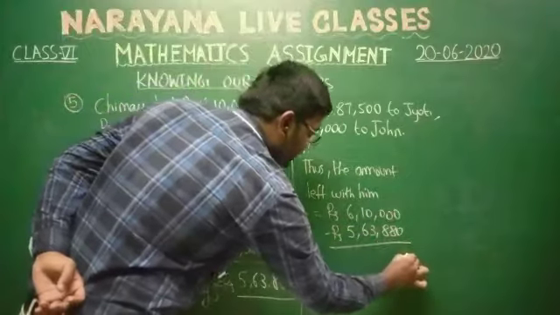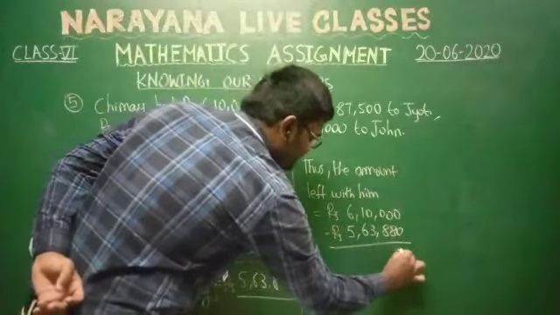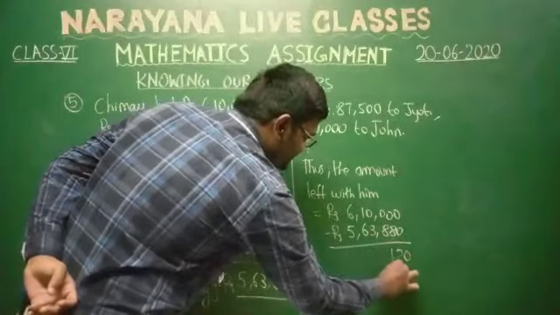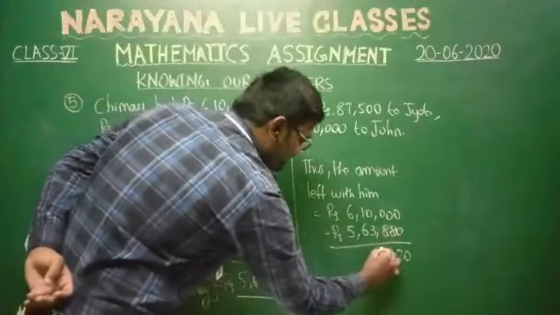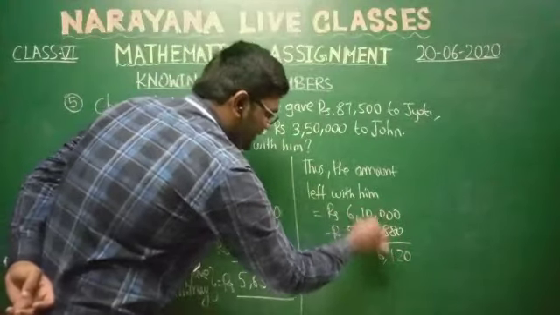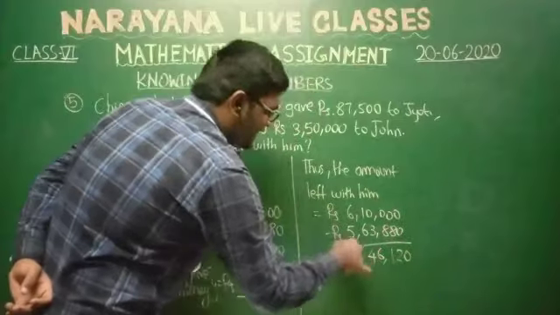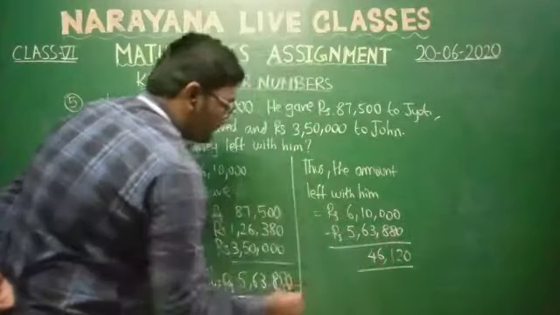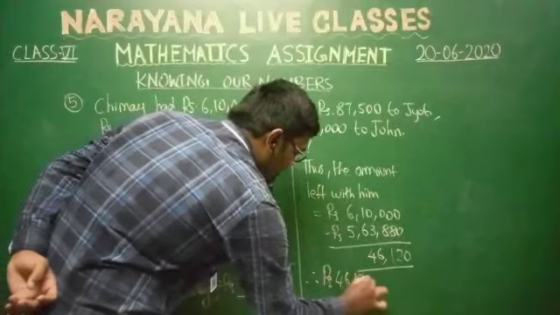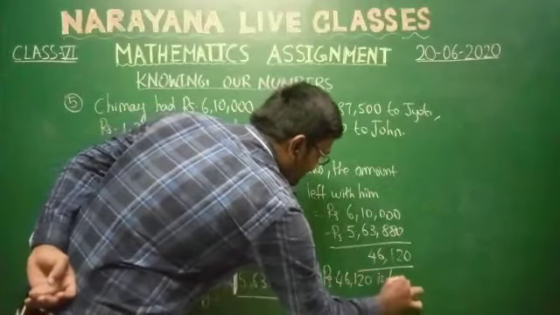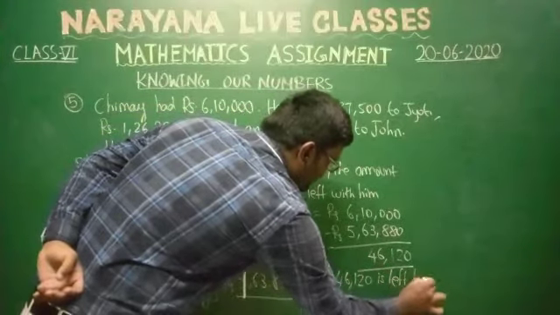Here it is 0. Here it will become 10 minus 8 it is 2. 9 minus 8 it is 1. Again here 9 minus 3 it is 6. Here it is 0, it will become 10. 10 minus 6 it is 4. Again 5 minus 5 it is 0. Therefore rupees 46,120 is left with him.